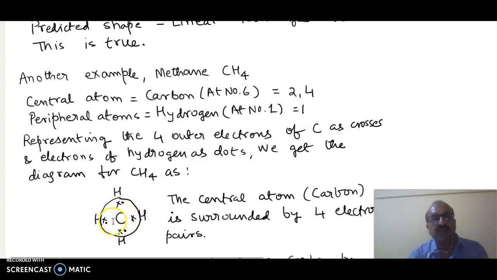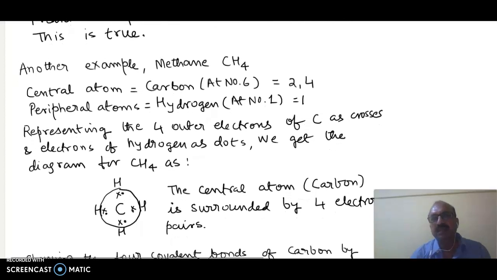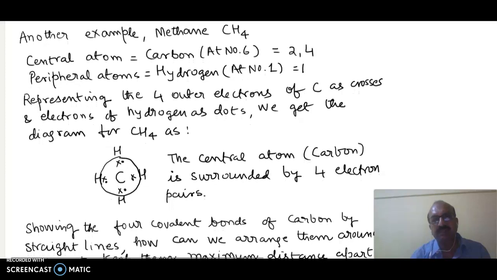So once again, looking at the central atom, which is carbon, and just counting how many electron pairs surround the carbon atom, we can immediately see that there are 4 electron pairs which surround the carbon atom. Now, once again, we are faced with the same question: how can these 4 electron pairs be arranged so as to be the maximum distance apart, so that there is minimum repulsion and maximum stability?